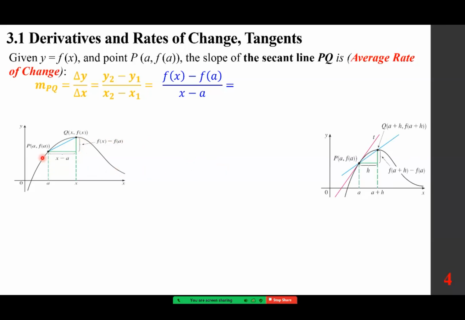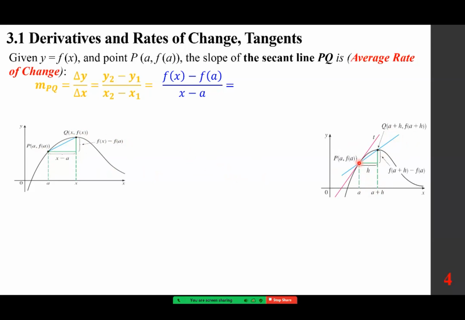Now, if we keep this as A and f of A, but now for this point, instead of calling it x and f of x, we call this distance h, then this is A plus h, and the y coordinate for this point is f of A plus h.